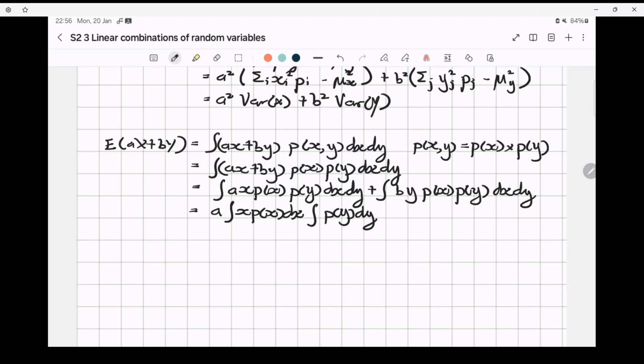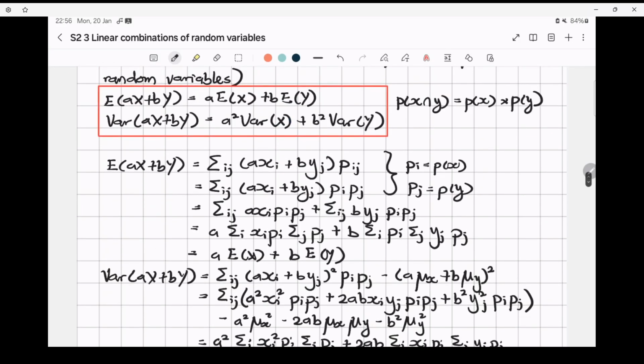So you just group them accordingly. Similarly, over here, you can move your x and y accordingly: px dx, integrating y py dy. Integrating all of py gives you 1. So in the end, what you have is a times the first term, which is the definition of ex, plus b. Integrating all of px is 1, so the second integration will give you ey, which is the same as the above.